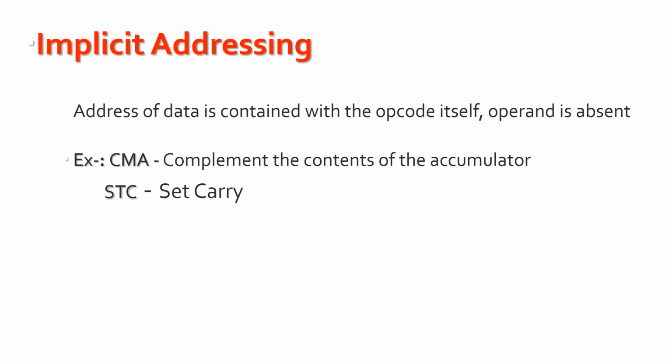So the 8-bit accumulator contents will get complemented. If 0 is present, it will get replaced by 1. If 1 is present, it will get replaced by 0. Another example is STC, that means set carry. That means carry is equal to 1. It will get 1.